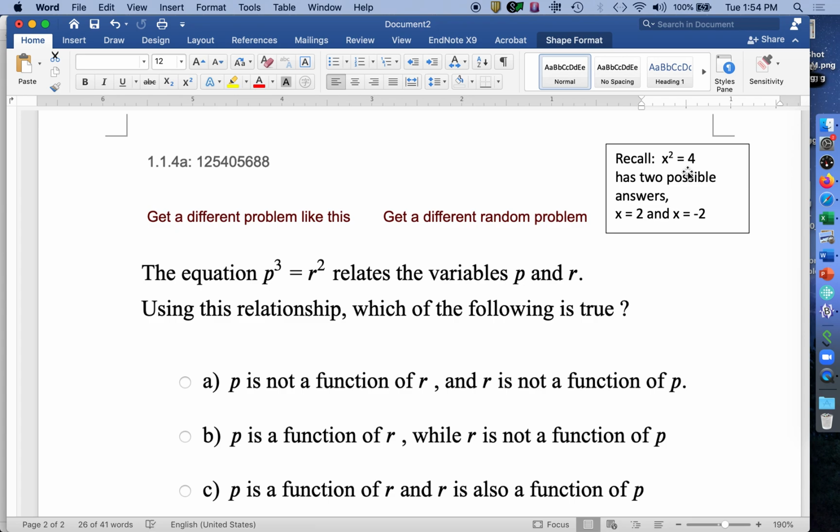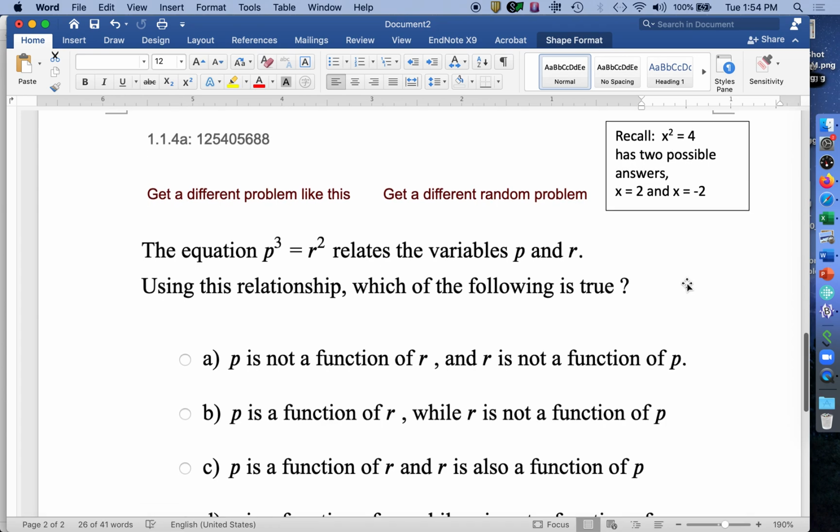I don't do that if the square root was already written on the paper, but because I am taking the square root, I'm making that change, so I have to put plus minus. I take the square root of x squared, I get x, square root of 4, but I have to put plus minus one place or the other. So I would say x is 2 or x is -2. There are two possible answers to x squared equals 4. All right, so with that in mind, let's take a look at this problem.